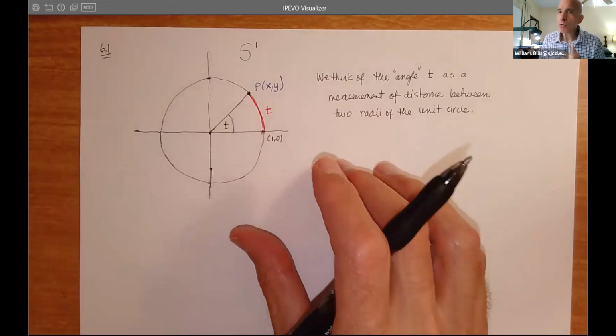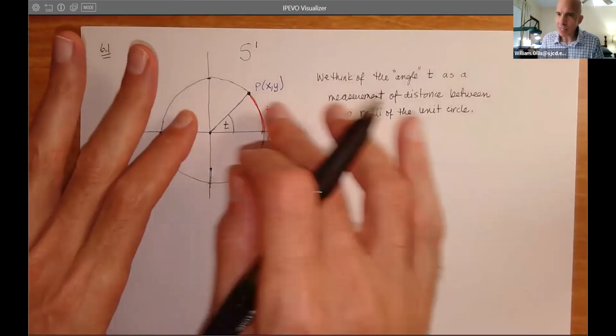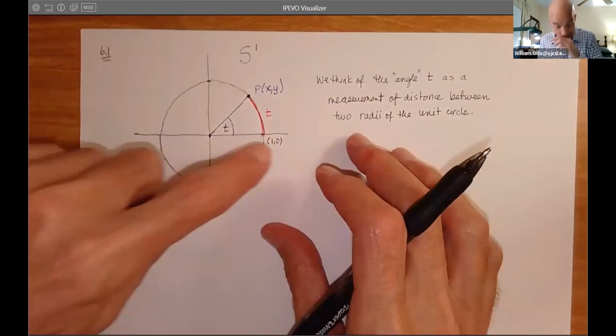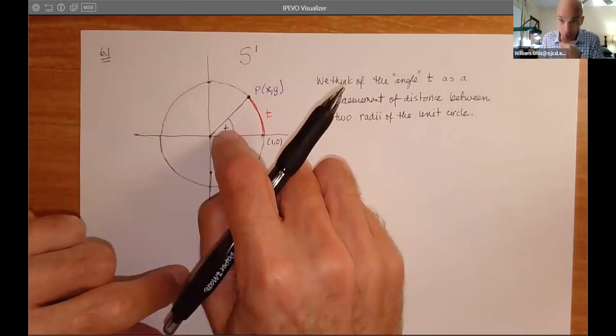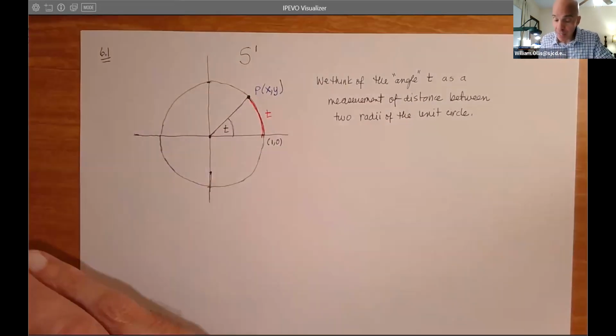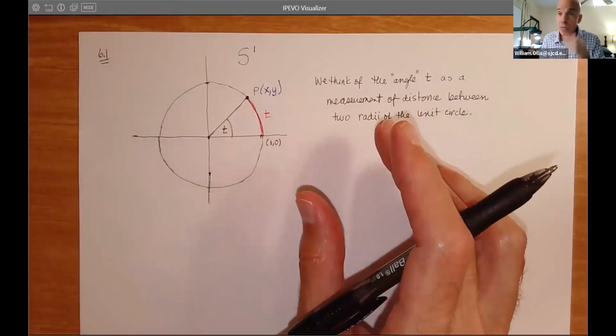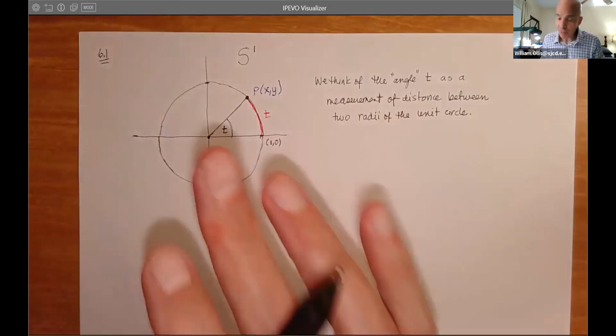Now, we want to abstract this idea. I mean, this is fine when we think of this as a unit circle. The measurement here and the measurement here are the same. That is, if we think of this as T or as an angle, it's the same. Now let's just say that we abstract to something completely different.